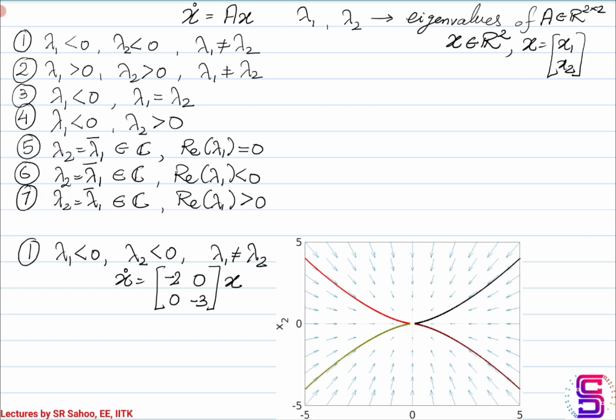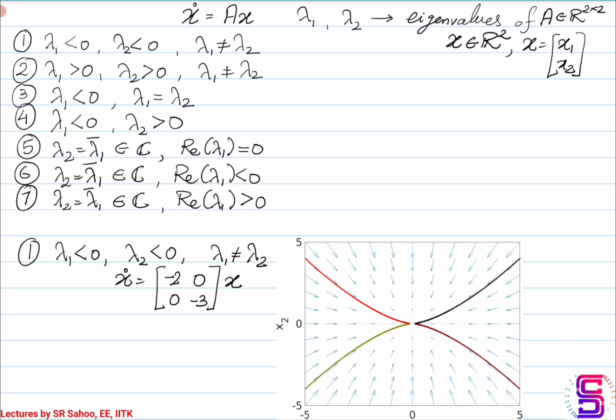X is a 2 cross 1 vector as shown. Now the cases that we'll see in this lecture are the following. First, the two eigenvalues are real, both of them are negative, and they are distinct, basically not equal to each other. The next is they are real, positive, and not equal to each other.